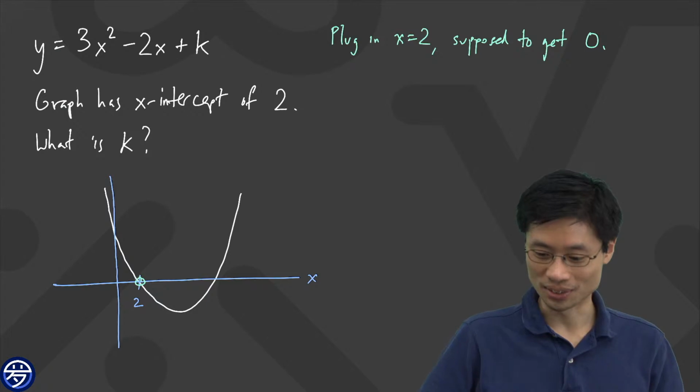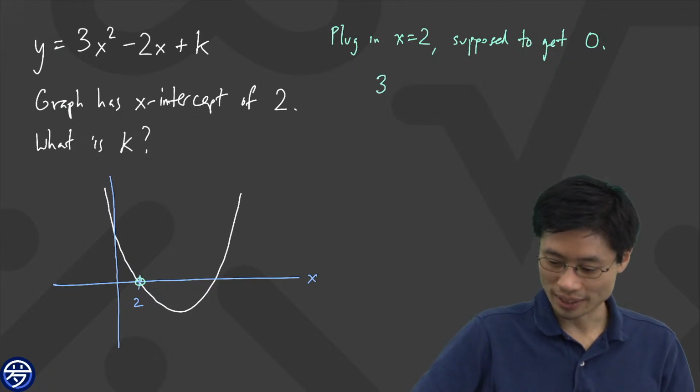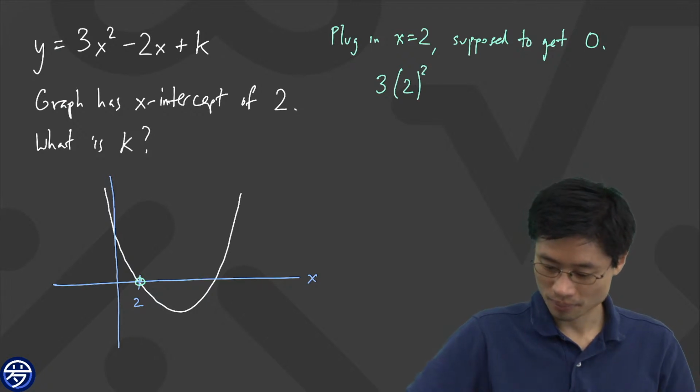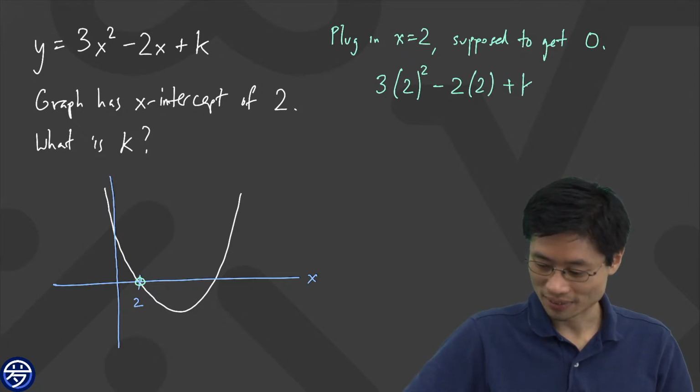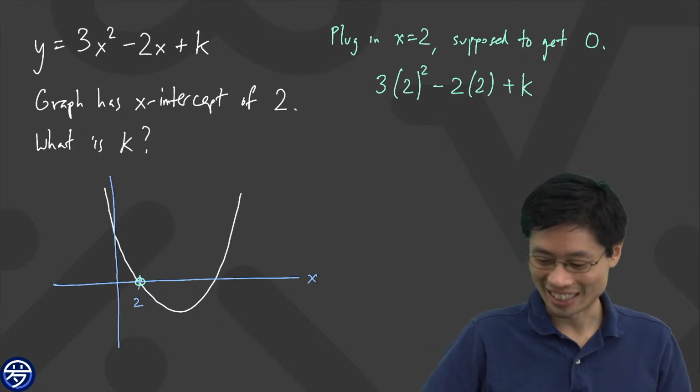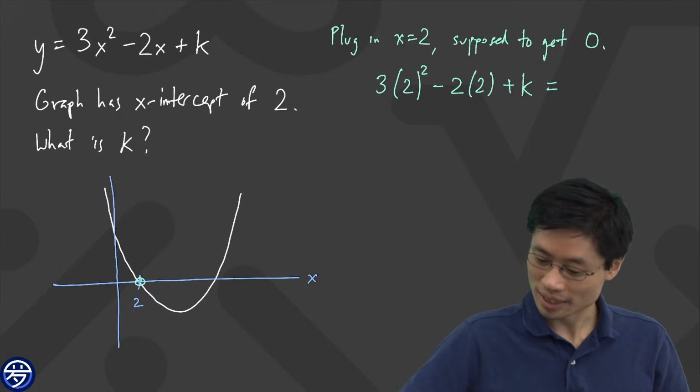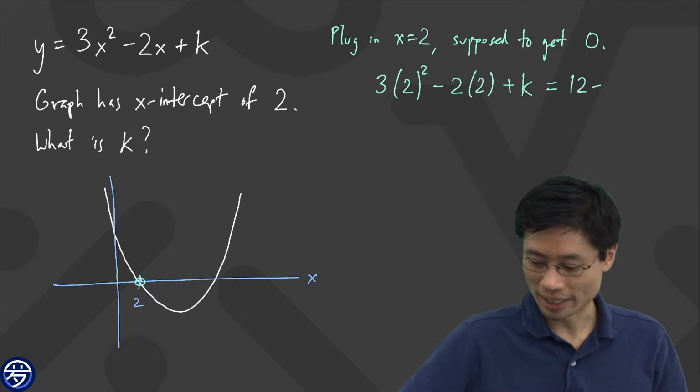So when you put in 2, you get 3 times 2 squared minus 2 times 2 plus k. This tells you how you can figure out what k is, because I'm supposed to get 0. This is 3 times 4, which is 12, minus 2 times 2, which is 4, plus k.